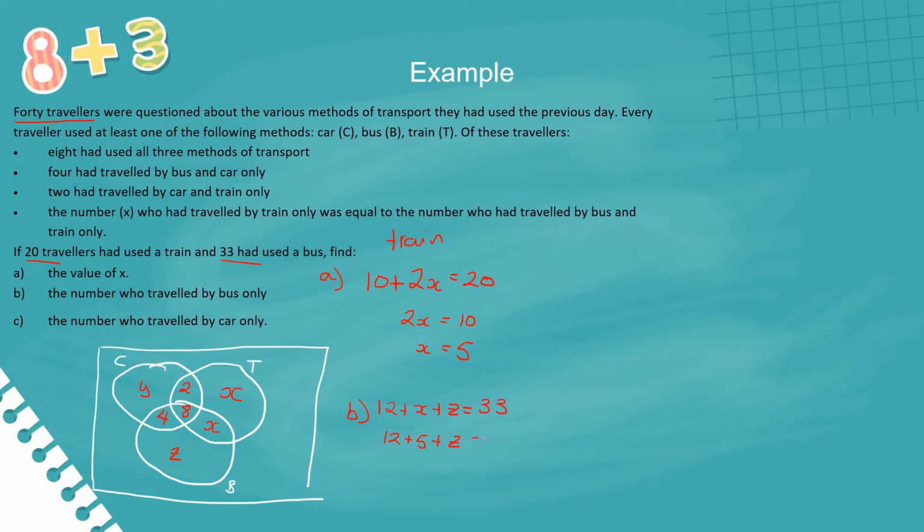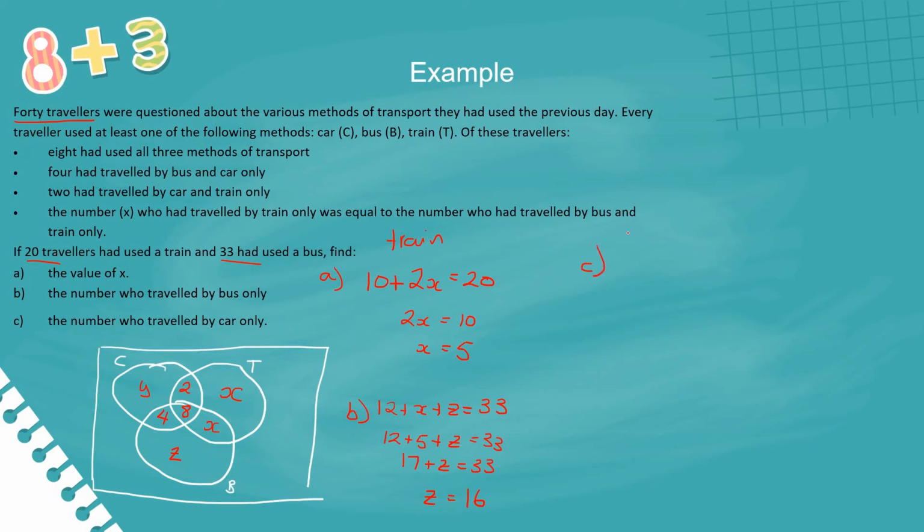But you can see how sometimes I might end up with a series of equations with more than one unknown value and need to solve them simultaneously. 12 plus 5 is 17. So I subtract 17 from each side. So I'm going to get z is 16. So 16 people travelled by bus only. I think hopefully I'm doing this correctly. Check my adding and subtracting.